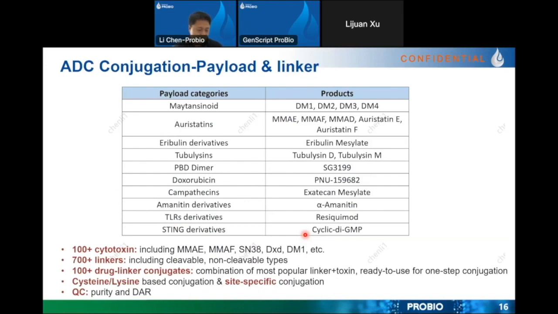Currently, there are a variety of payloads and linkers used in different ADC pipelines. Here at Genscript ProBio, we can offer a library of chemicals, including more than 100 toxins and 700 plus linkers, as reagents for proof of concept validation during ADC discovery.